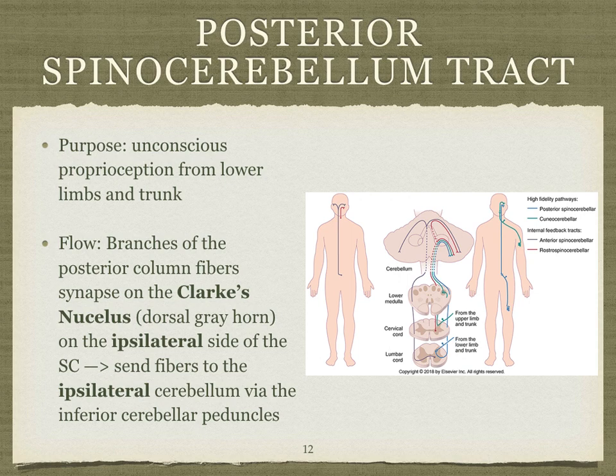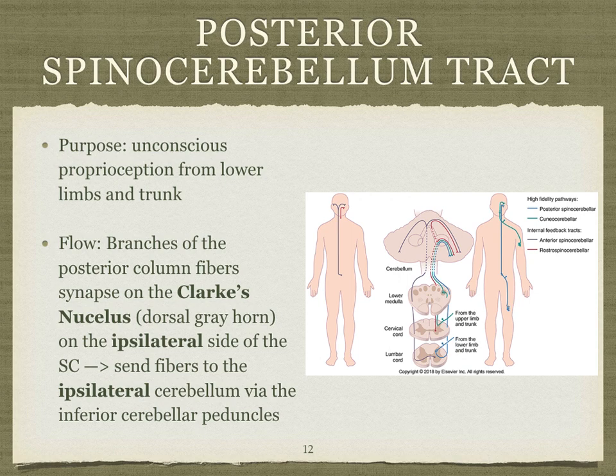And that's essentially the posterior spinocerebellar tract. It's getting unconscious proprioception from our lower body, coming up through our spinal nerve, going through our dorsal root ganglion. First synapse is within the Clark's nucleus.